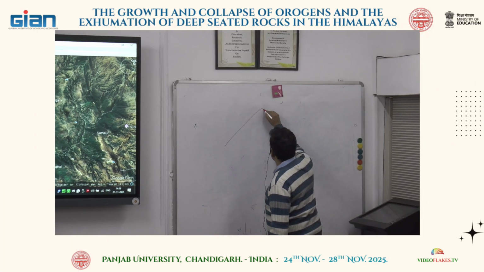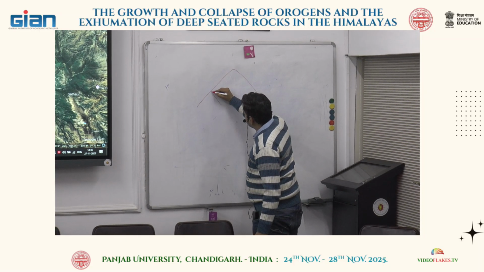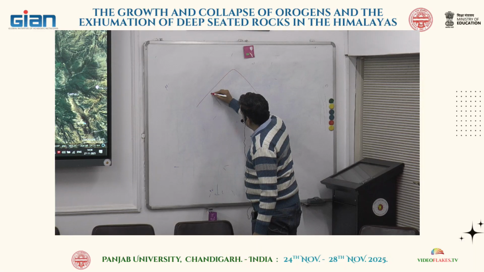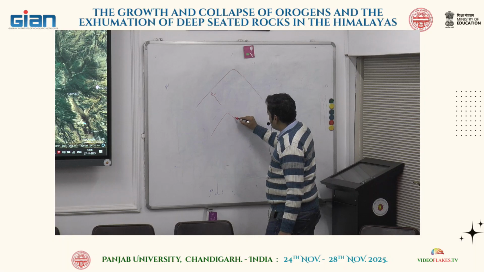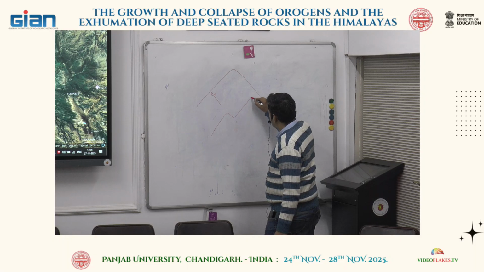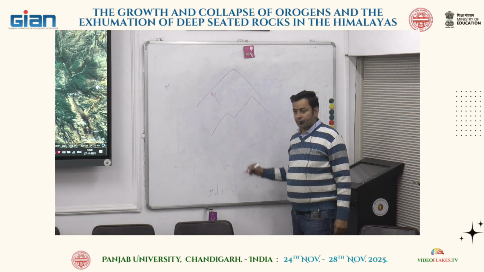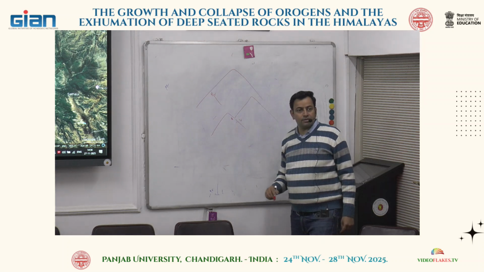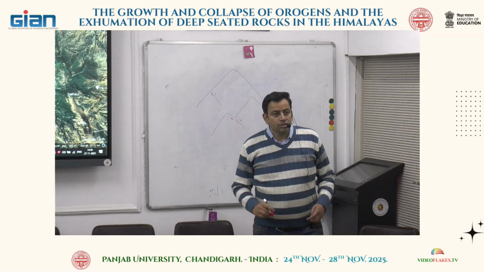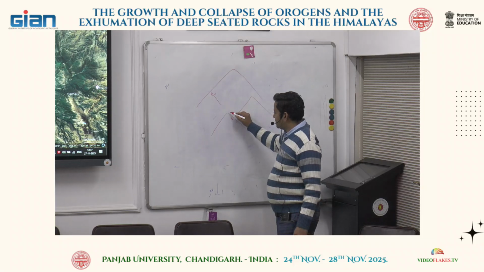Let's say the mountain is like this, and there is a fault which is a thrust, so it can do something like this. It will look like this because the fault maybe has moved this side up, this side down. This is known as a backhill-facing scarp.